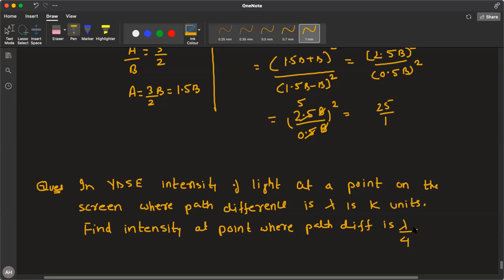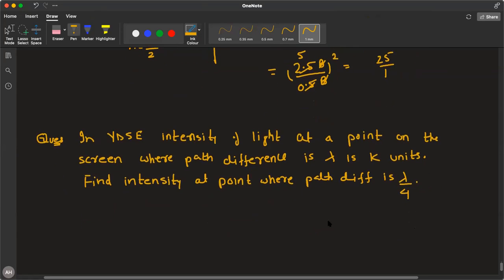You have 3 minutes for this question. See, in Young's double slit experiment, if nothing is given about the sources, then you can assume the sources are identical, meaning I1 is equal to I2. In the original Young's double slit experiment, Young takes both the slits of equal width, so the intensity of light coming from both slits is the same.